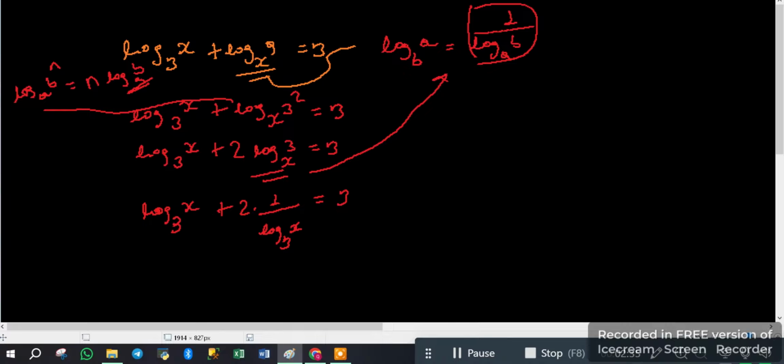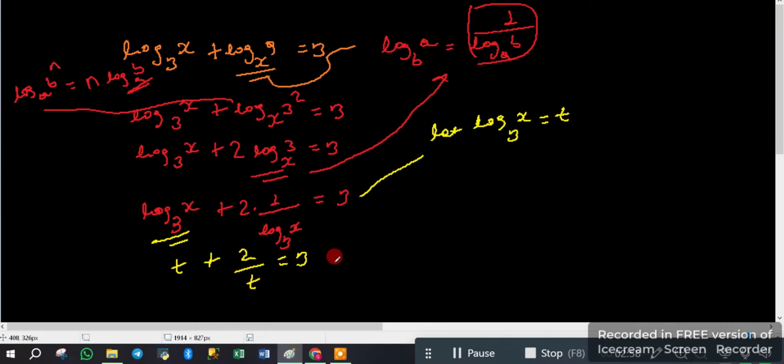Then let log x base 3 be equal to t. So here you substitute: t plus 2 over t is equal to 3.